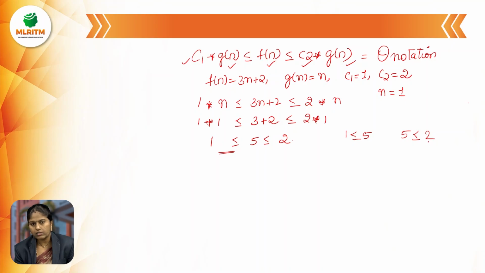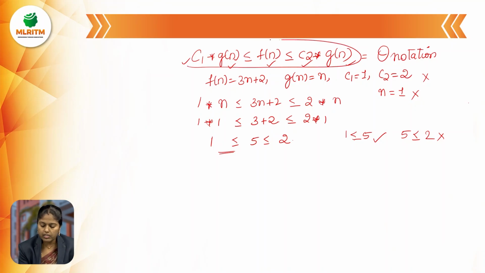Here the condition does not satisfy, but here the condition satisfies. But these values are wrong, so we have to take different values. For the different values, we have to check whether this condition is satisfied or not. Okay, this is for the big theta notation.